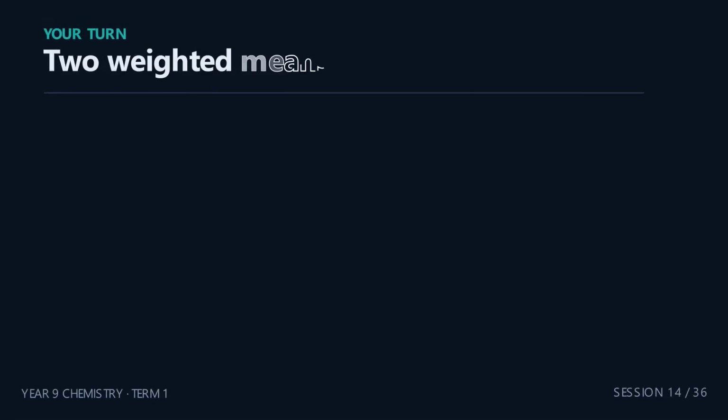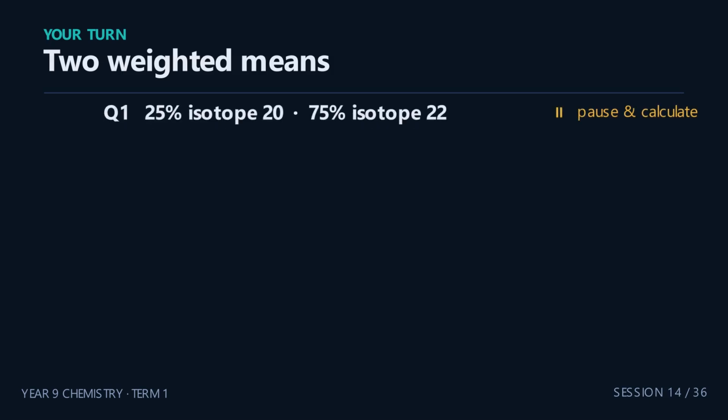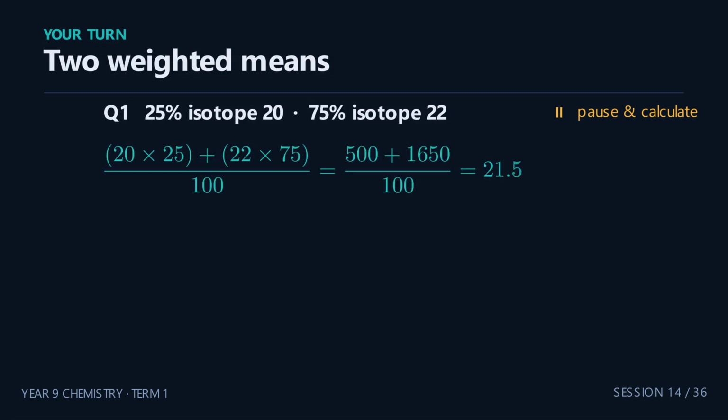Your turn twice. First, an element is 25% isotope 20 and 75% isotope 22. Pause and calculate. 20 times 25 is 500. 22 times 75 is 1,650. Total, 2,150.